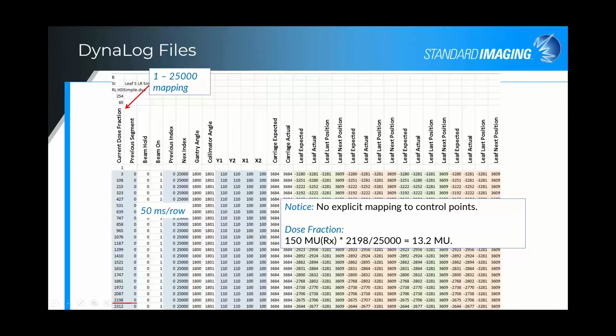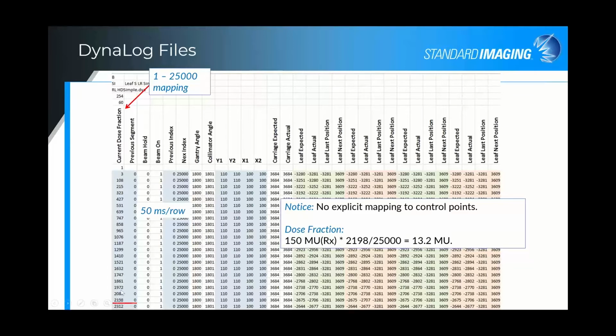Just to make sure you understand what you're looking at, every row in this column is information that's collected every 15 milliseconds. There is actually no explicit mapping to control points from the plan, so we have to go in and figure out that mapping by looking at the dose fraction and the prescription dose.